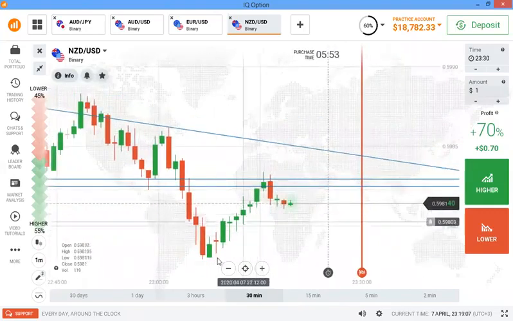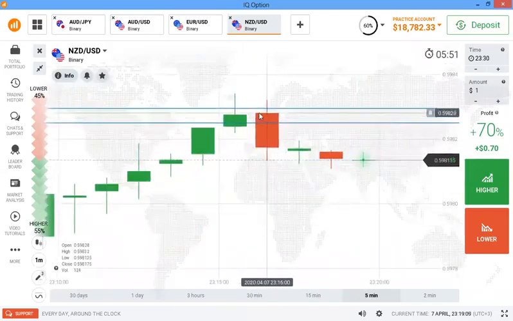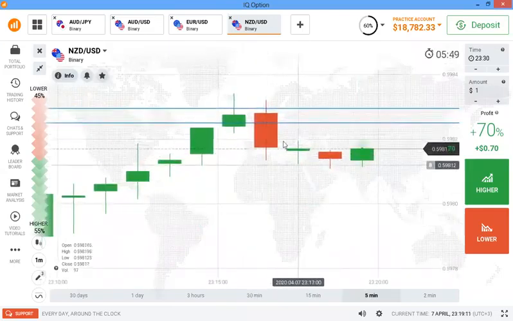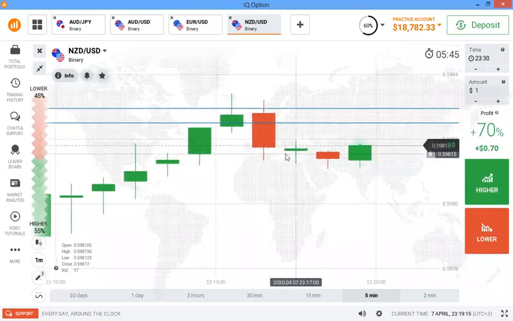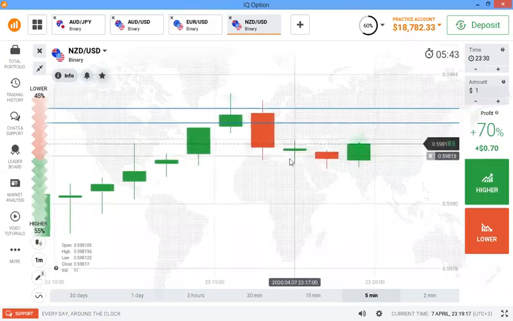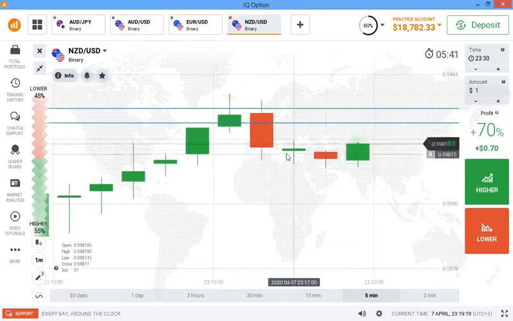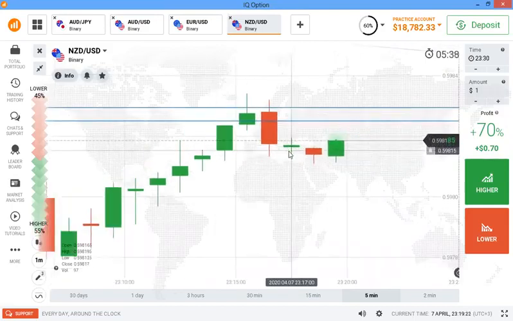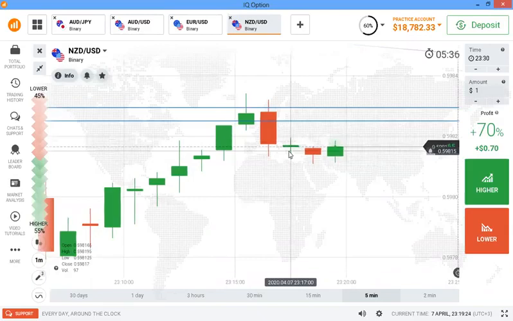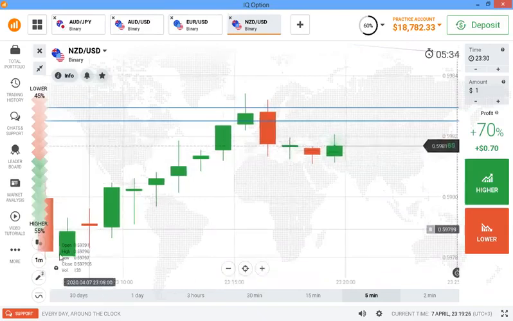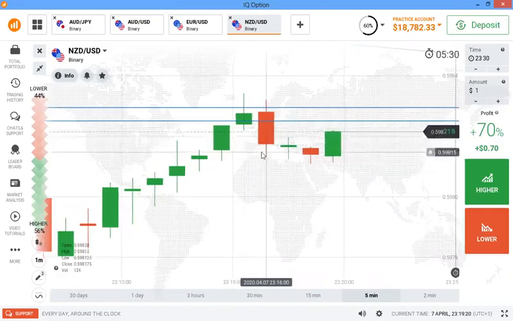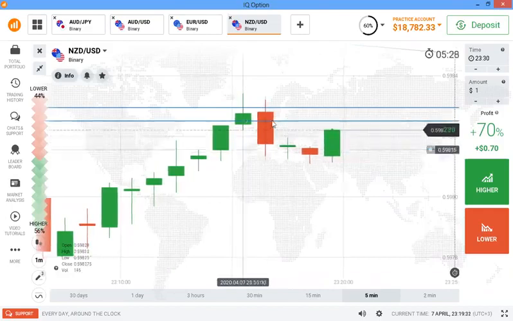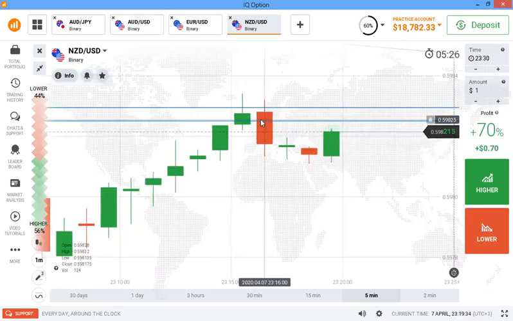That after momentum like this, the next candle formed here was bearish. Then after the bearish, most of the time we see another bearish candle, and again most of the time we see a bullish candle like this. The reason why we see bullish candles is because of this trend, and the reason we see bearish candles is because of a retracement.